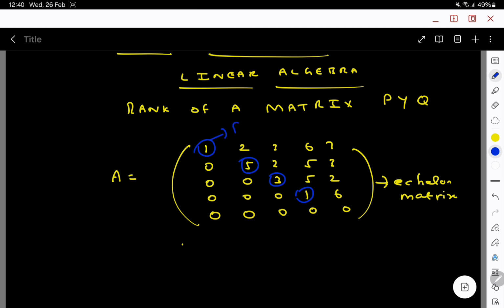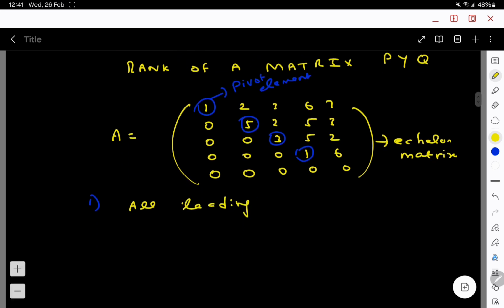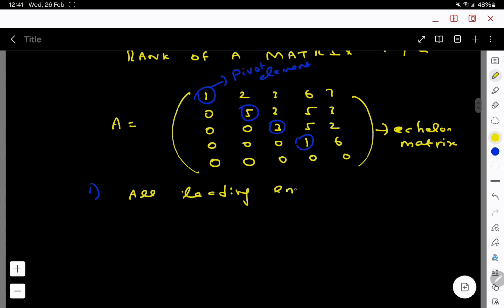So the first condition is all leading entries are non-zero. Leading entries and pivot elements are the same.